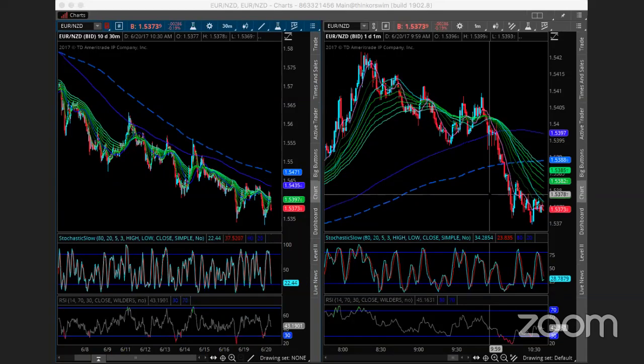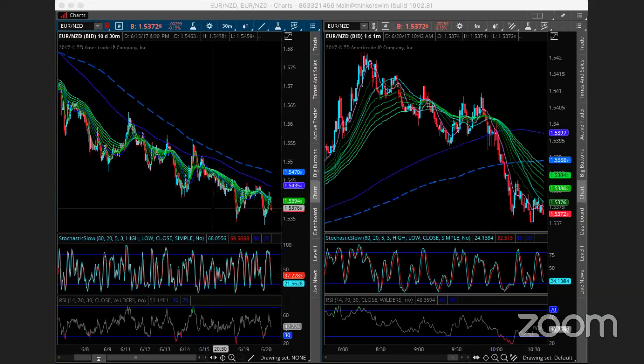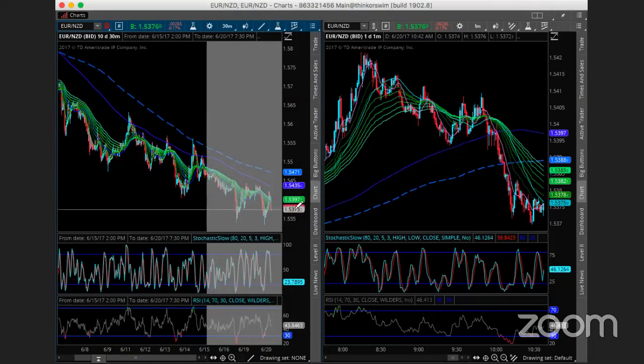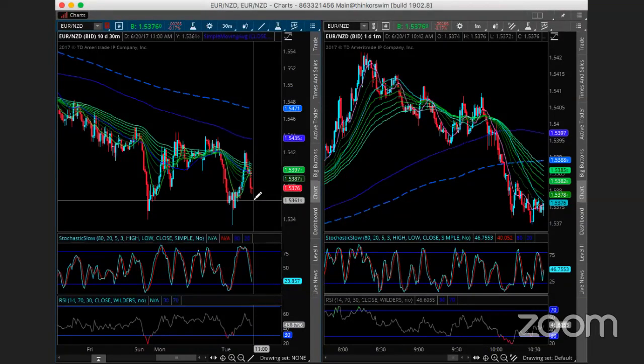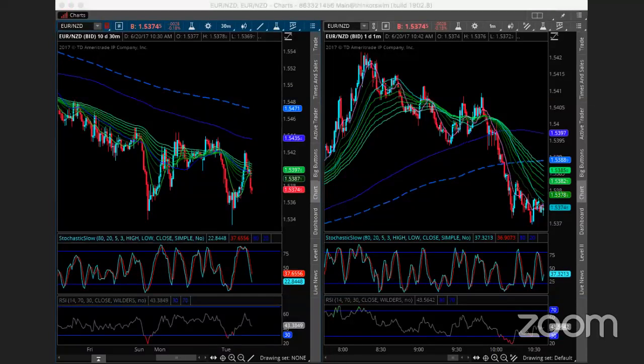And then I'll keep you guys posted on if I'm still short here on that Euro Kiwi. Periscope can see this very easily. But the idea is this 15-minute, 30-minute cycle is coming down. So I want to sit through the next 15-minute cycle up. Sometimes these 15-minute cycles are an hour, hour and a half.